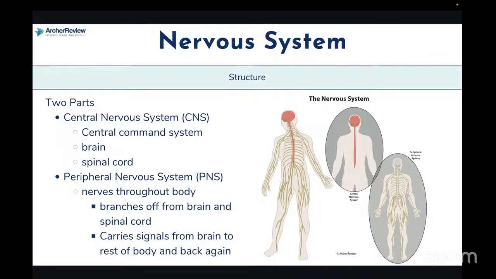And the job of the PNS, or the peripheral nervous system, is to carry these signals from the brain to the rest of the body and back again. So these are the nerves that are like your feelers, right? You put your hand on a hot stove and the nerves in your hand are the first ones to sense that in your extremities, in the peripheral nervous system.